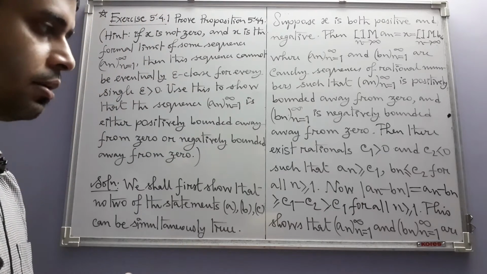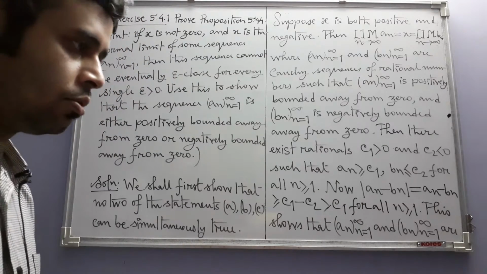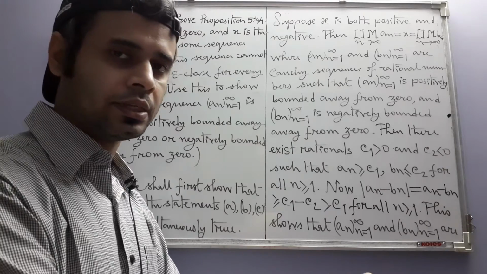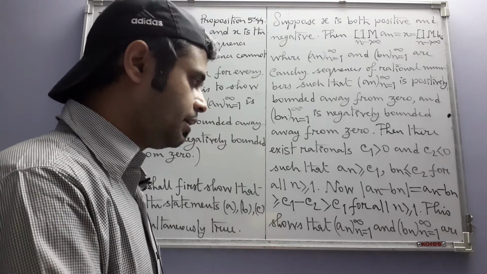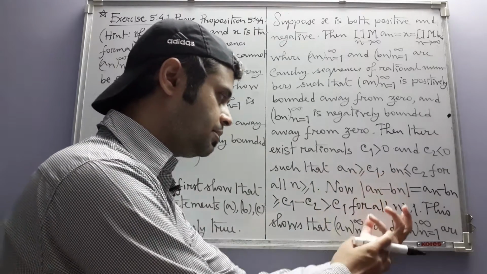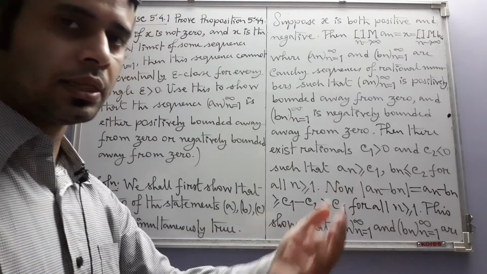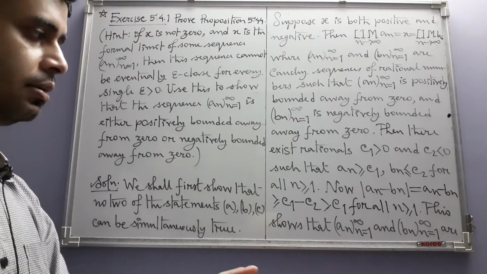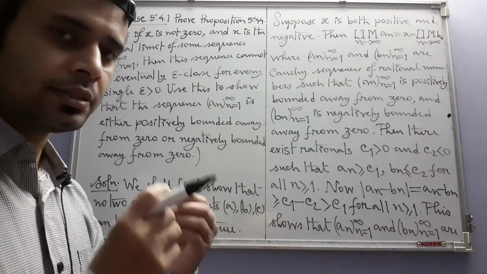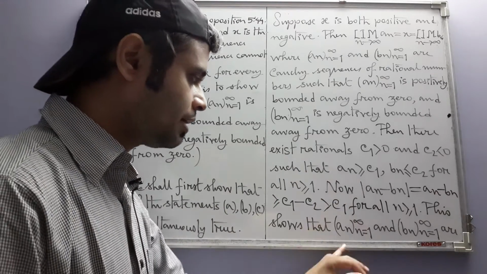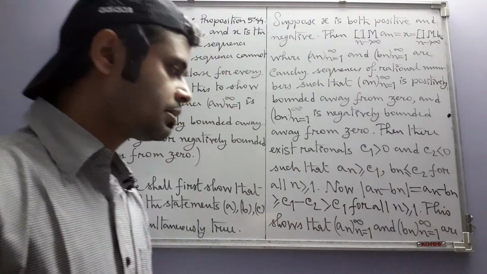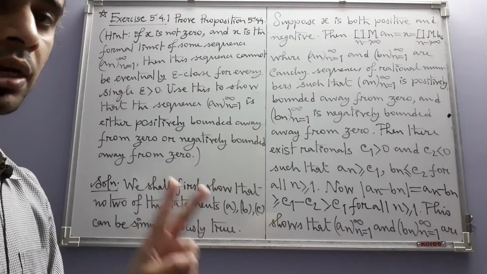So you cannot go far enough down the sequence and get these distances between the corresponding terms of an and bn less than or equal to c1. That is never going to happen. So that's why these two sequences are not eventually c1 close.